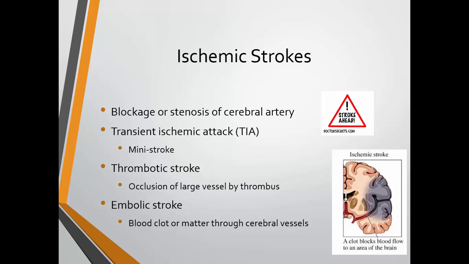Your embolic strokes are caused when blood clots or matter in the cerebral vessels become wedged in these really small vessels and can't go any further. So your embolic strokes are areas of the brain that become blocked because of ischemic changes.